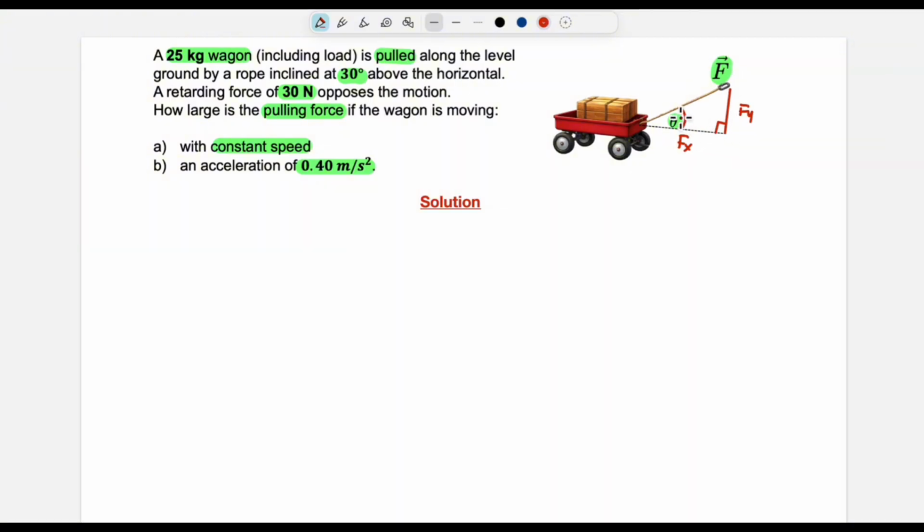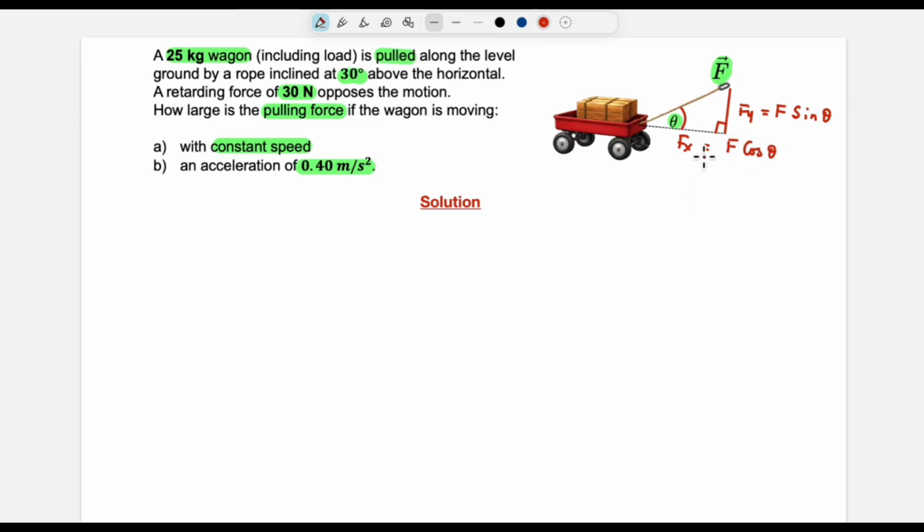Since this is the angle of interest, the opposite side is Fy and the adjacent side is Fx. So the vertical component is going to be F sine of the angle theta. In the same sense, Fx is the adjacent side, so we apply the cosine of the angle. That is going to be F cosine of the angle theta.